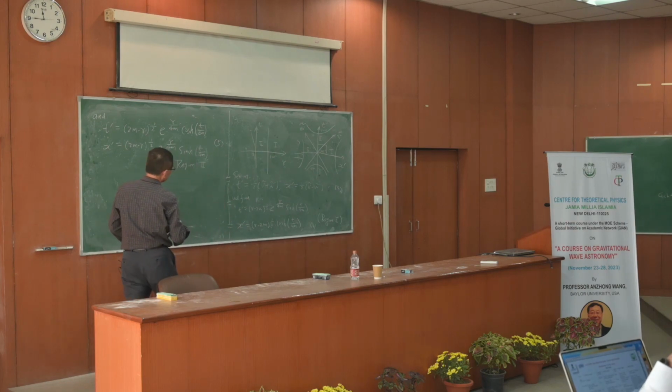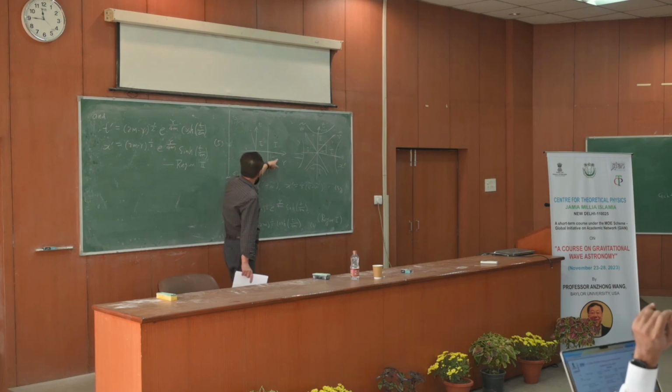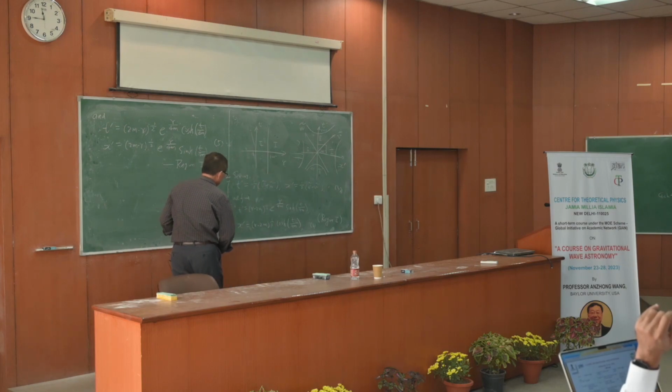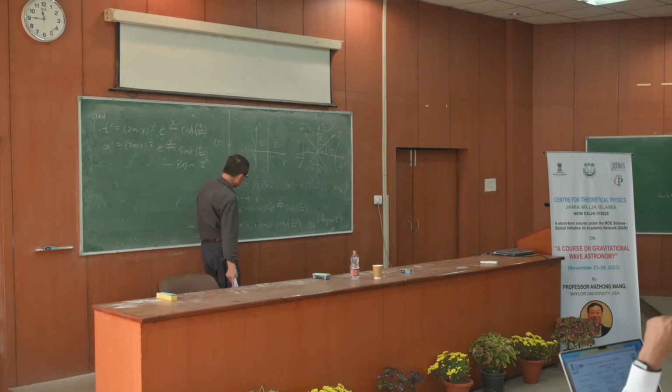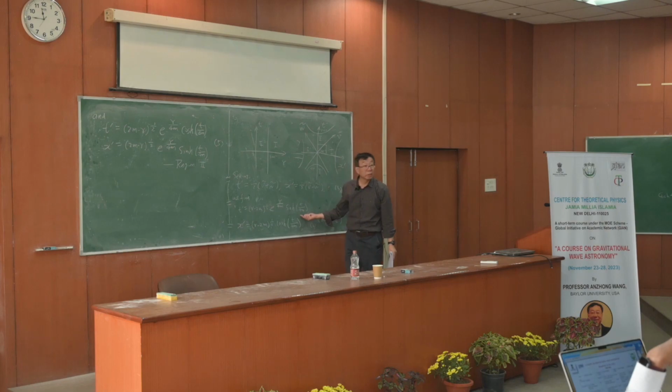Now, let's see here. In this region, I want to see where the correspondence is. This is the whole region, right? T goes from minus infinity to plus infinity, r greater than 2m. Correct? This is region 1. But you see, in this place, if t goes from minus infinity to plus infinity, my t prime does the same thing, goes from minus infinity to plus infinity, right?